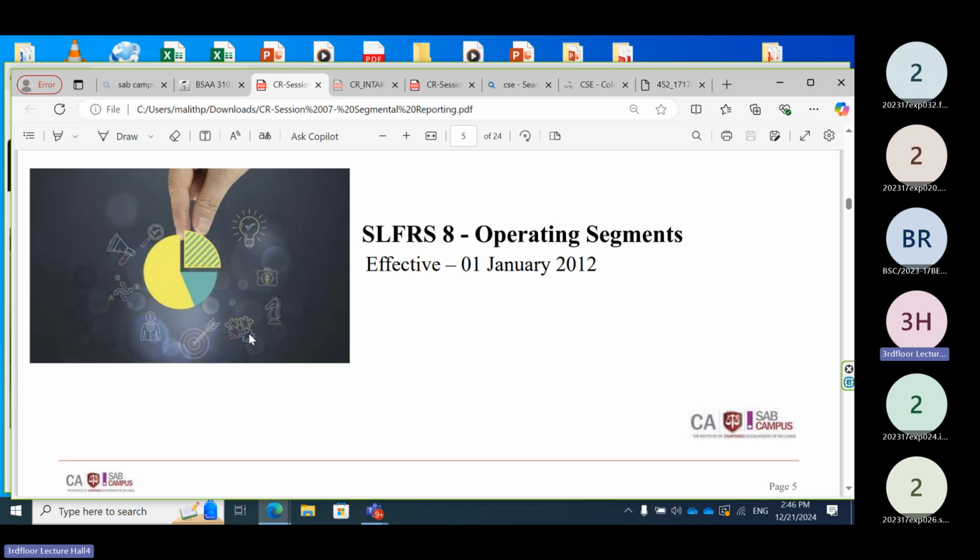Operating segments should be identified and evaluated, and as an accountant you have to decide what the reportable segments are. So two terms we have to focus on: operating segment versus reportable segment. This is what this standard is about.